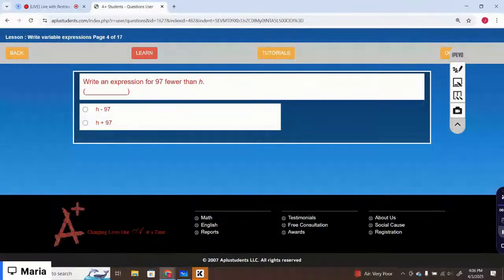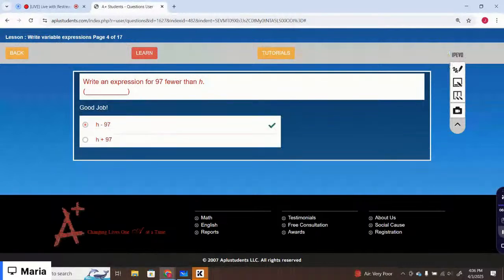Write an expression for 97 fewer than age. That is age minus 97. Option number 1 is the correct option.